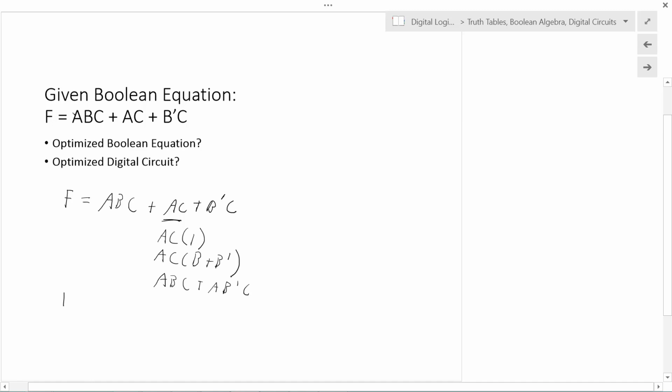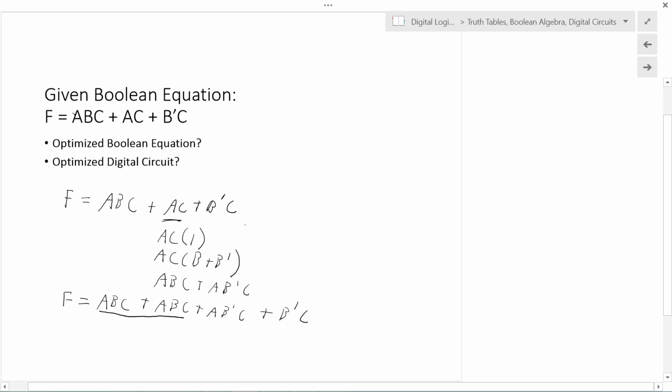So let's write this out in complete form rather. A and B and C, or A and B and C, or A and B prime and C, or B prime and C. Now, we can see here that A and B and C combines with A and B and C, right?